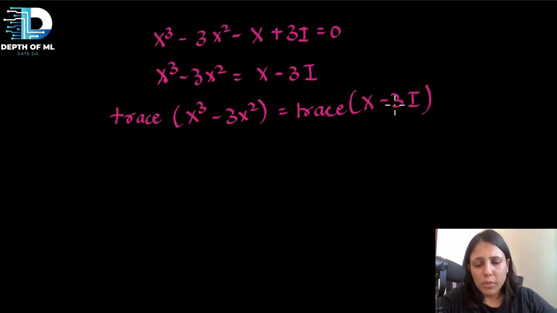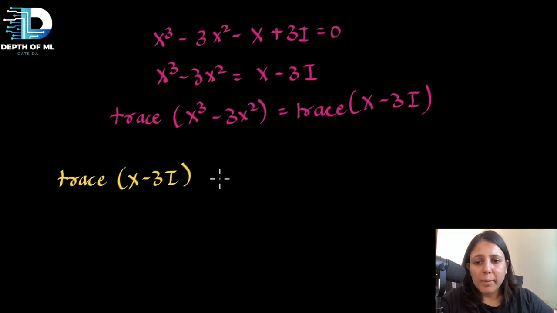Trace of x we know because we know the 3 eigenvalues of this matrix x, and we know the eigenvalues of an identity matrix. They are all ones, right? Now, how many ones should be there? So we'll see. Now I am calculating trace of x minus 3I. Okay, so trace can be distributed.